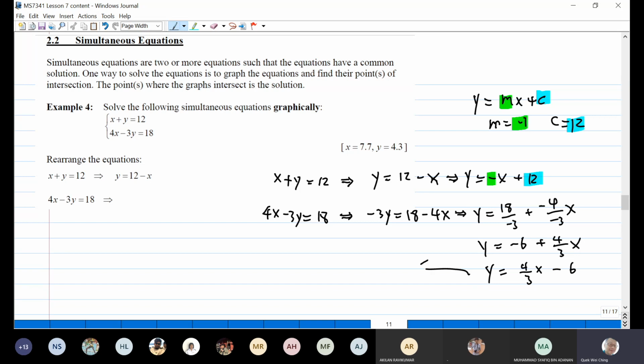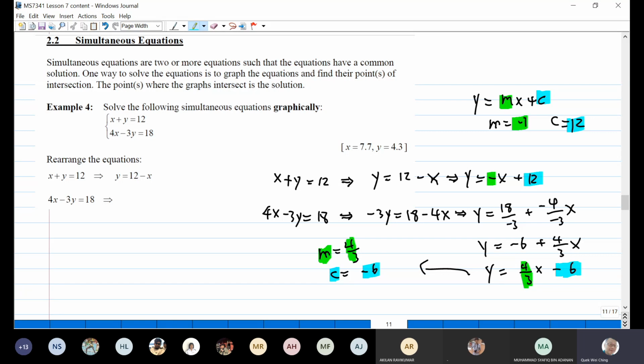So here, m is equal to 4 over 3 and c is equal to minus 6. If you follow the pattern, this is the m here. Okay, this is the working: how to arrange the equation so that you get y equals mx plus c.